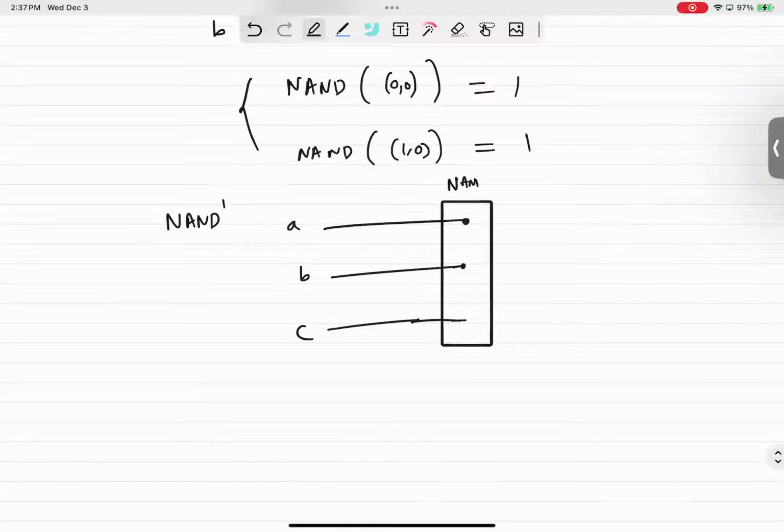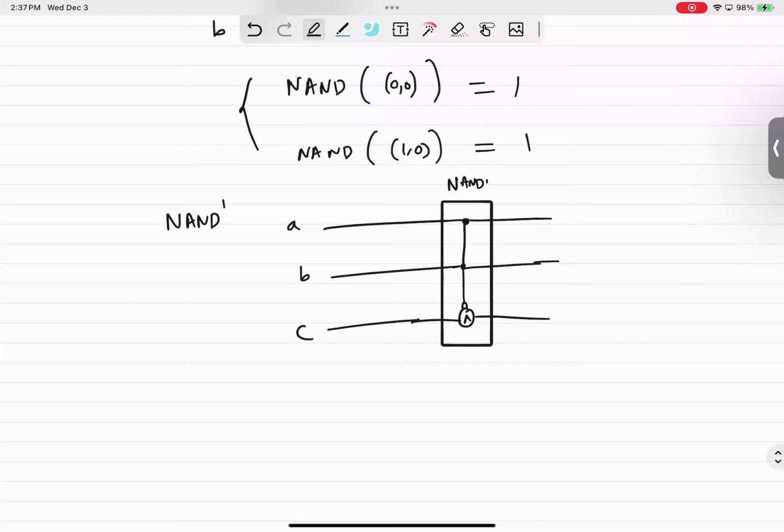So this is NAND prime. I'm just going to put this symbol here. I'm making up the symbol, so if you see something else somewhere else, that's why.